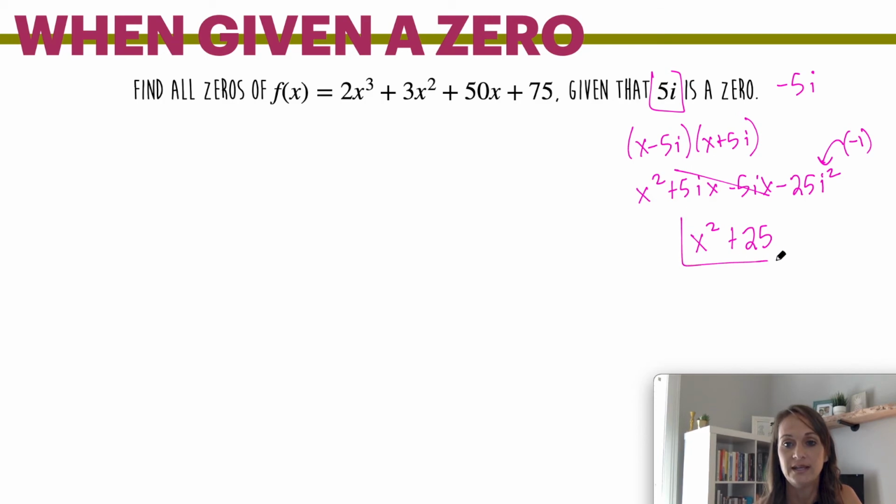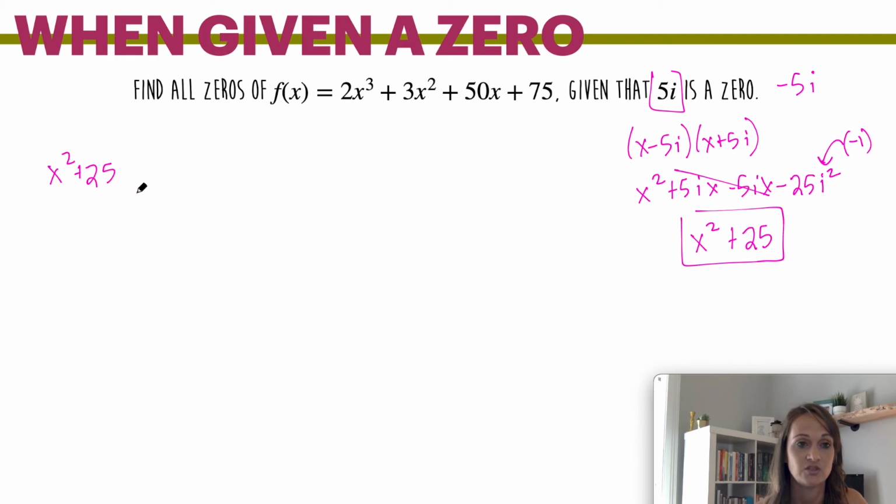Therefore, we know that x squared plus 25 can be factored. Because if 5i and negative 5i are zeros, that means x squared plus 25 can actually be factored out of here. This is where you have to go back to long division, though, because we have an exponent.